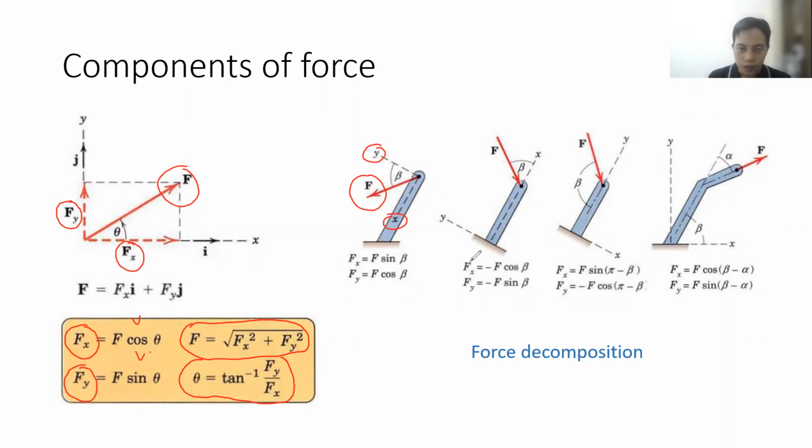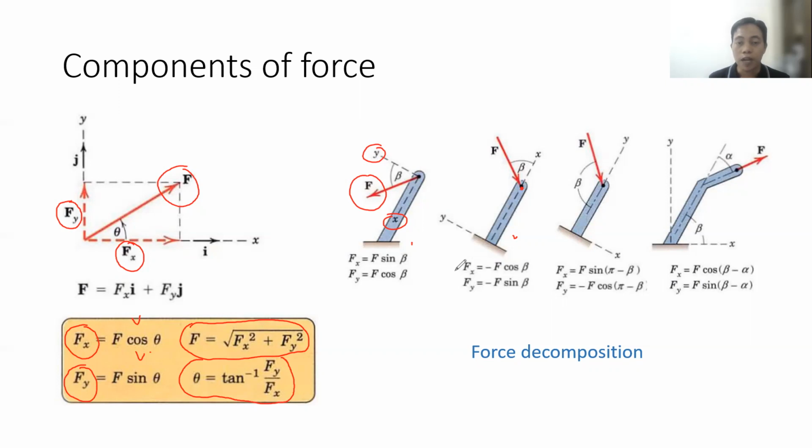Next, the difference between the first and the second figure is that here the zero point, the reference point of x and y, does not coincide with the point of application, but it will not change the fact that we can still decompose F into x and y directions.